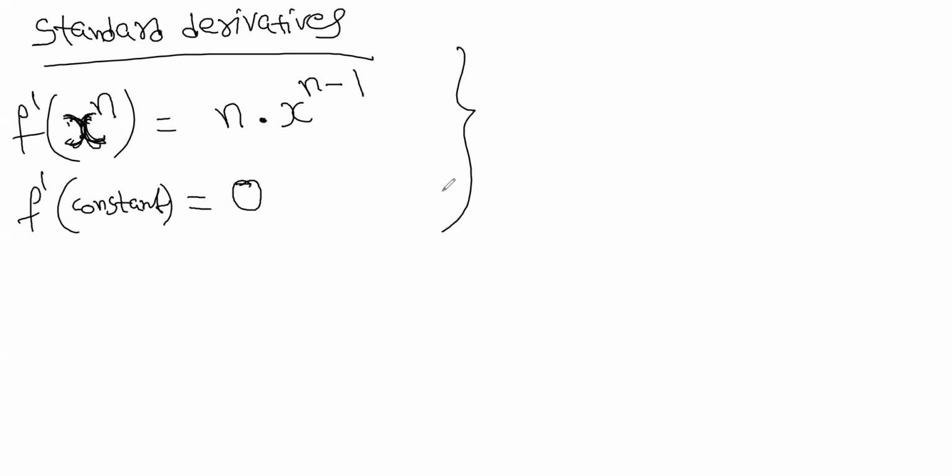Now with this, let's see the previous question. F of x is x square minus 2, at x equal to 8. What is f dash of x?